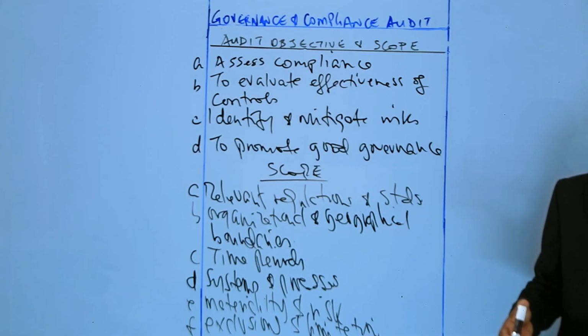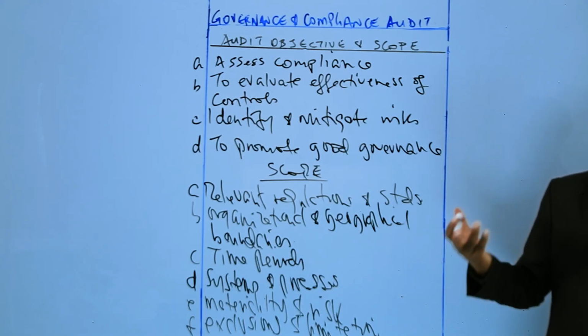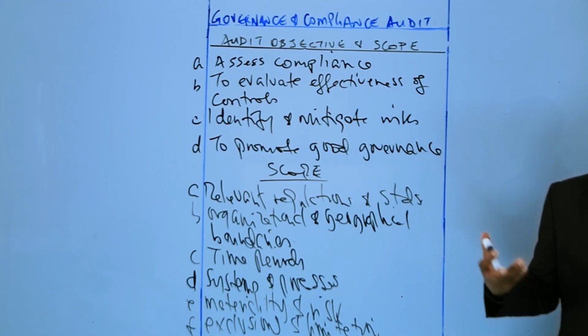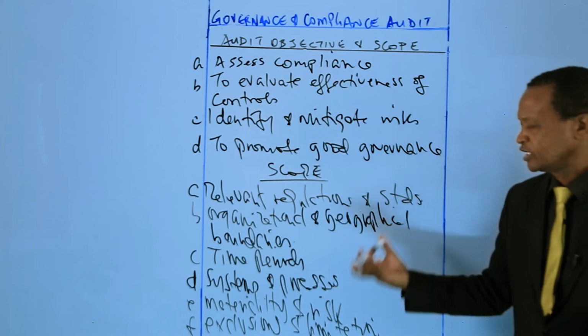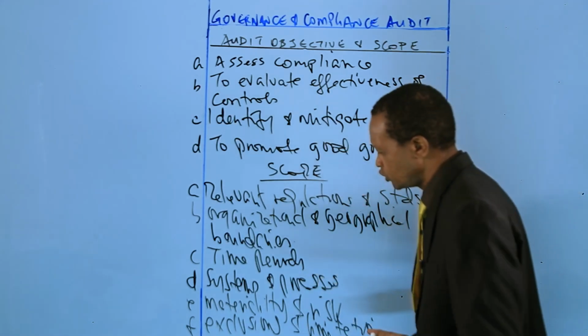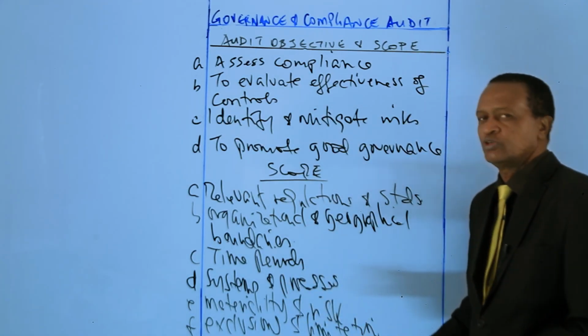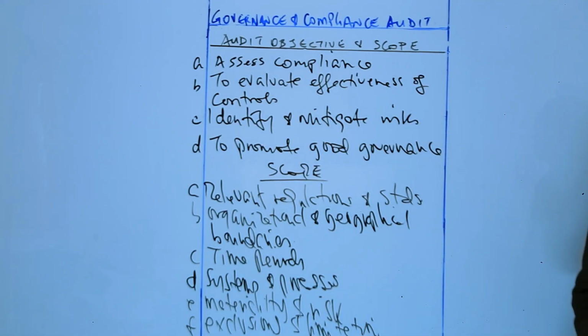For example, the auditor may say that the audit will not cover the company's marketing operations, or the audit will not include an assessment of a recently acquired subsidiary, or it may not include internal controls, and so on. So that also determines the scope of the audit.